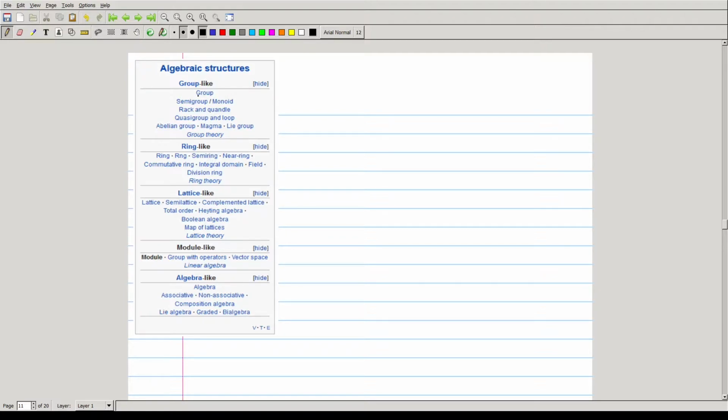Specifically, we're going to focus in this part of the lecture on what's called a group, and with that we'll also need a monoid to go over and define some of the other things we'll talk about in the lecture.